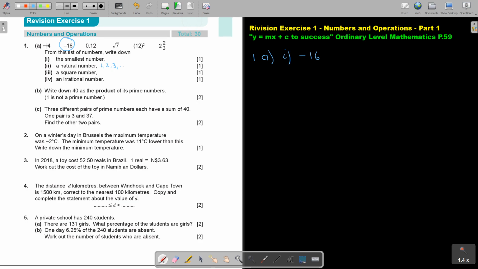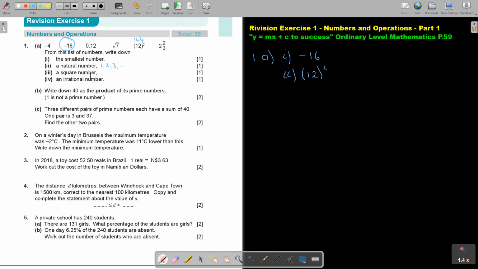So that's a comma, not natural. That's also a comma, not natural. But look at this one. Always work it out. 12 times 12 is 144, and 144 will be a natural number. But it's best to write it in the original form, so in this case you can just say 12 to the power of 2.